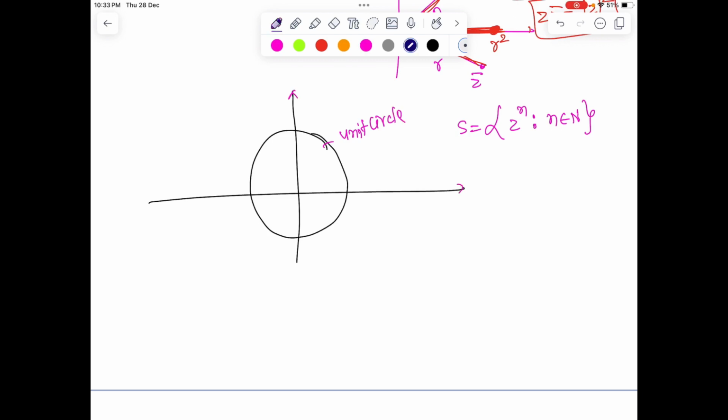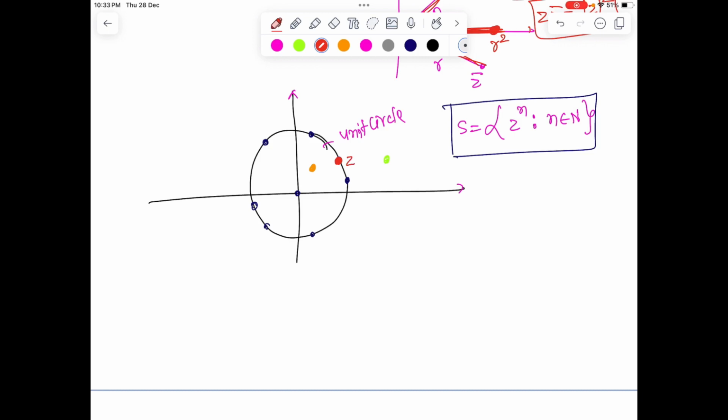Unit circle means all the points on the circle are at a distance of 1 from the origin, right? So let's consider one point on the circumference, another point inside, and another point outside the circle. Let's start finding the set S for all these points. Okay, so what kind of set is there for the red dot?